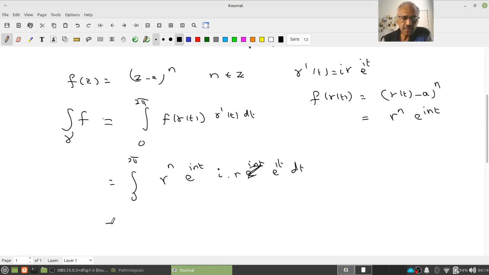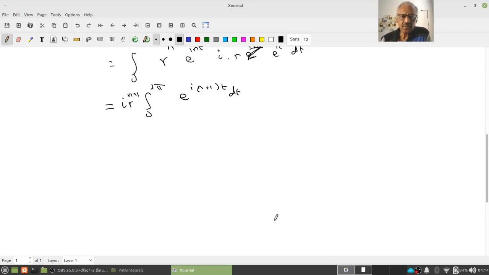Therefore this is equal to the integral from 0 to 2 pi. r is common and i is also a scalar, they all come out, so I have i r to the power n plus 1, and what I am left with is e to the power i times n plus 1 times t dt. Now suppose n plus 1 is not equal to 0.